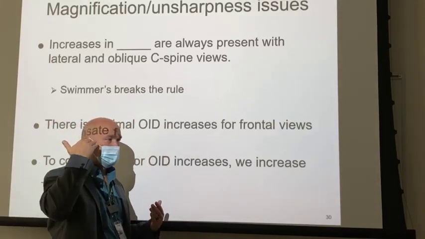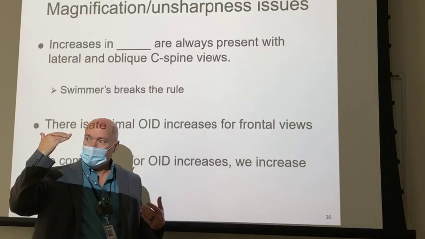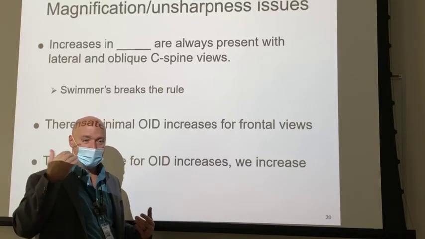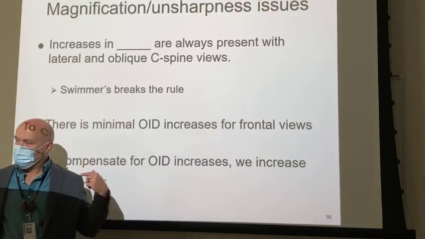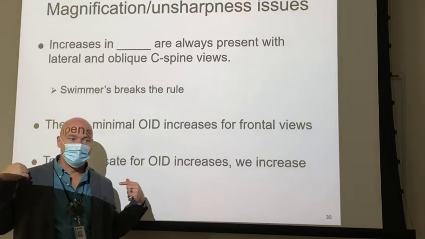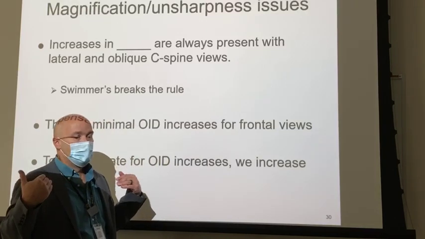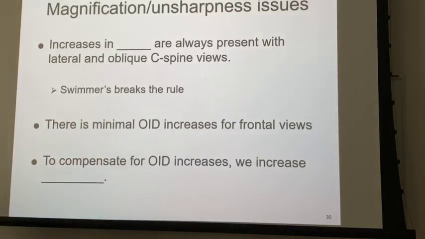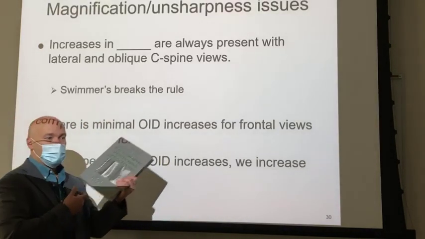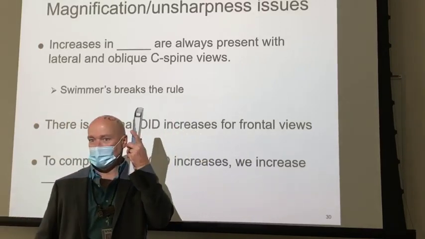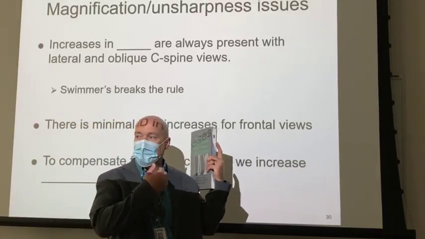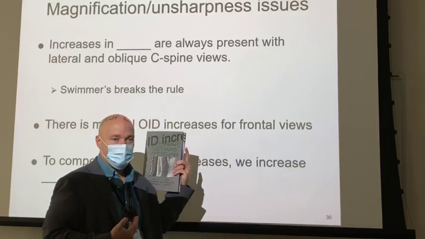For the C-spine, we need to see from the skull down to the T-spine. The upper T-spine is between the shoulders, and the lower C-spine may even be between the shoulders. So we can't put the image receptor right next to the C-spine for a lateral. We put it below the shoulder, which naturally increases OID.